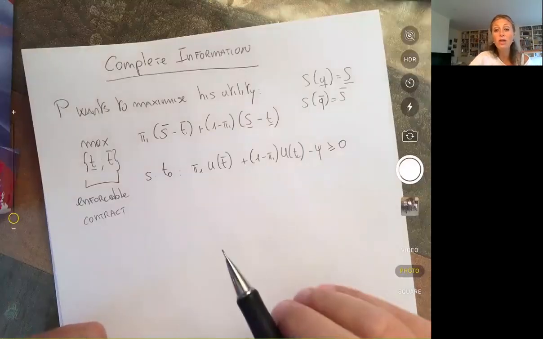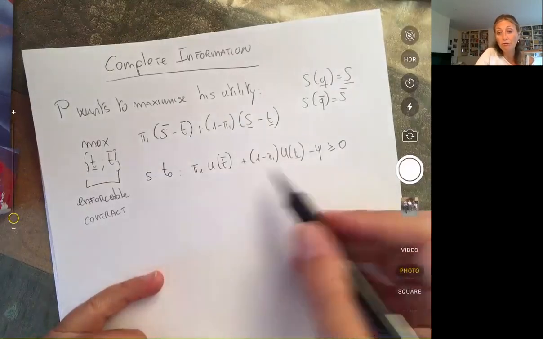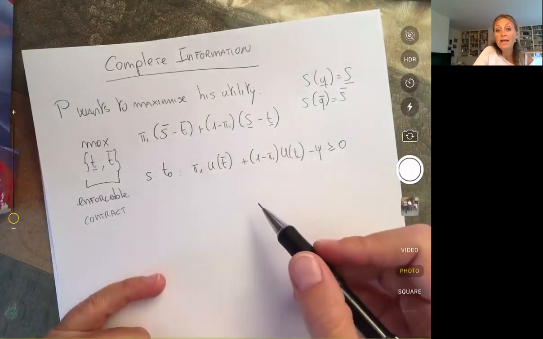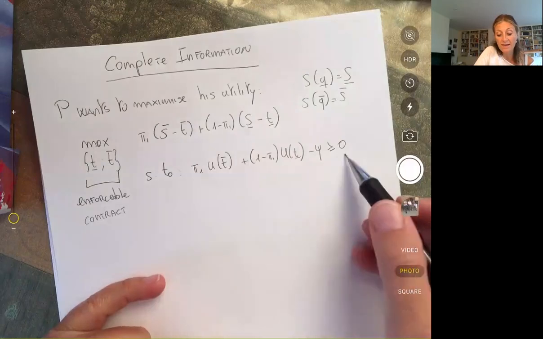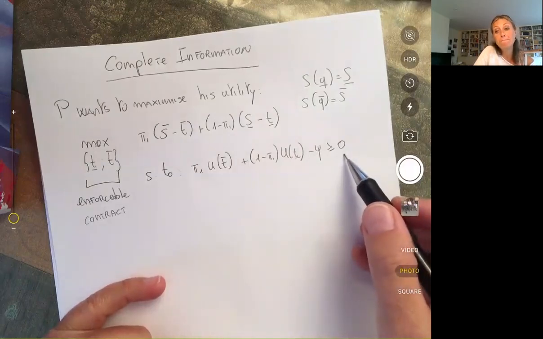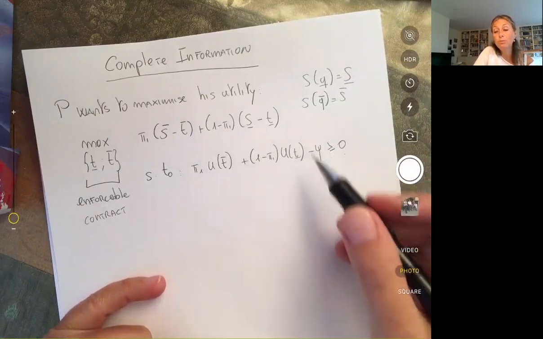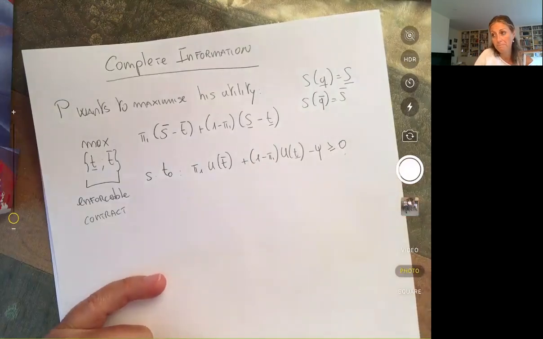This happens only when I know that the offer that I've made to him is actually better than his reservation utility, better than 0 in this case. So if this is the case, he will be willing to work for me.